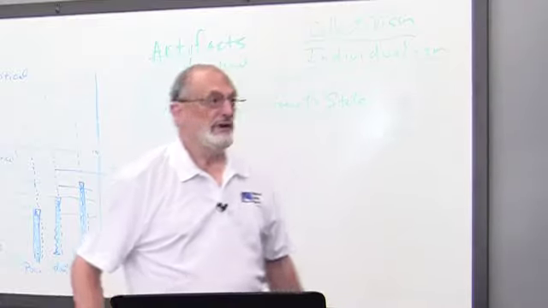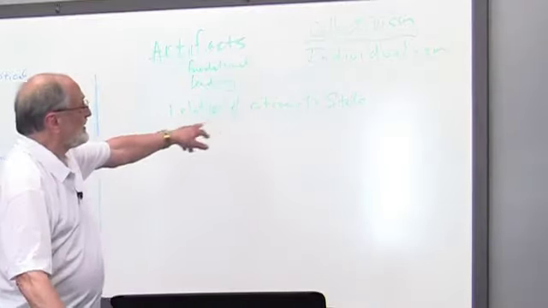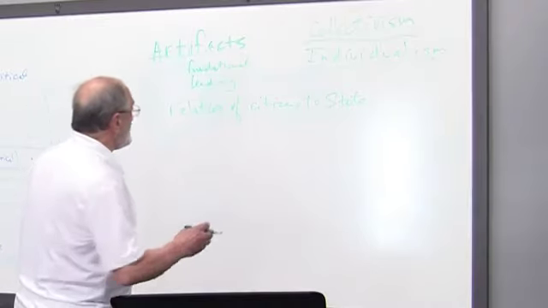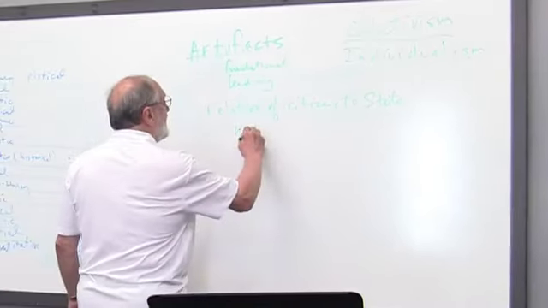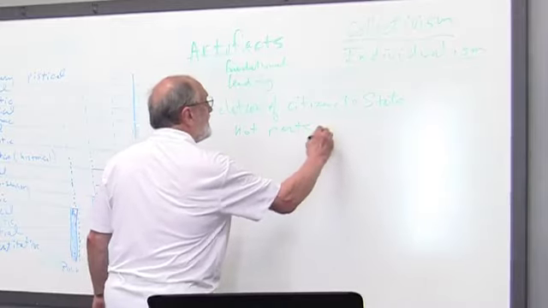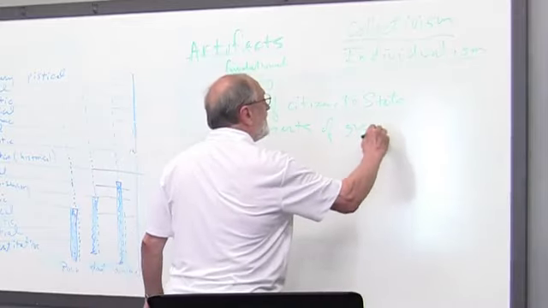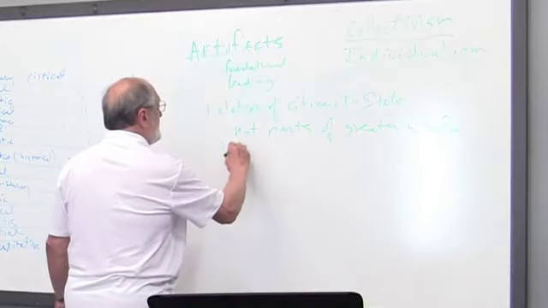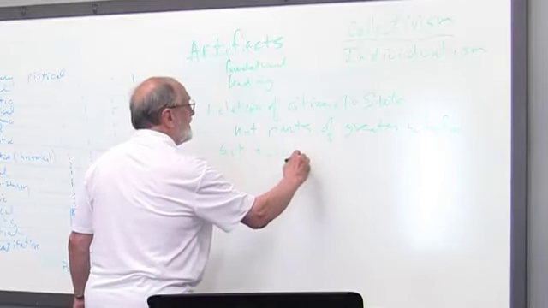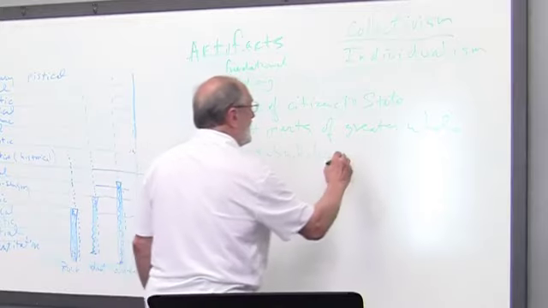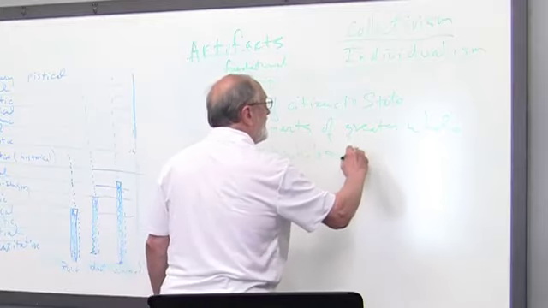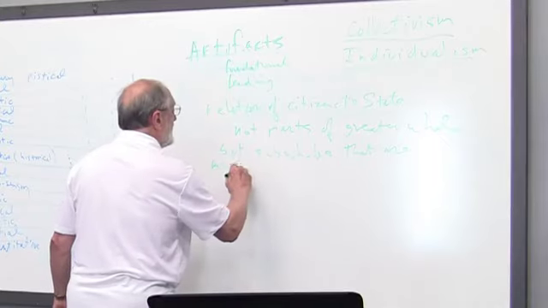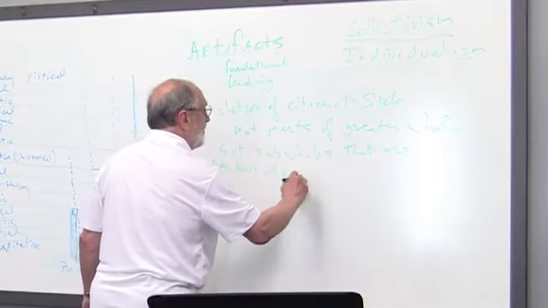So what we want to say here is that when citizens have a relationship with the state, they do not have it as parts of a greater whole, but as subwholes that are members of a greater whole.